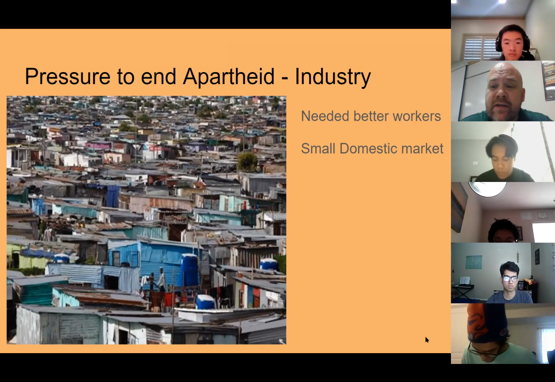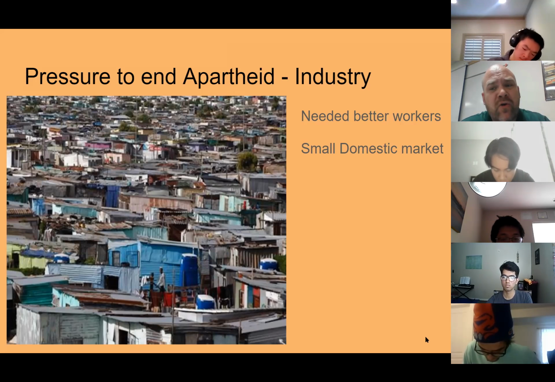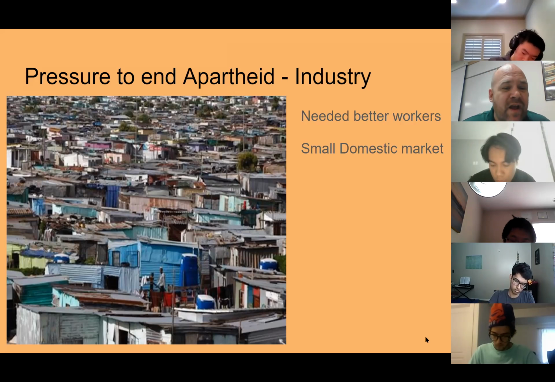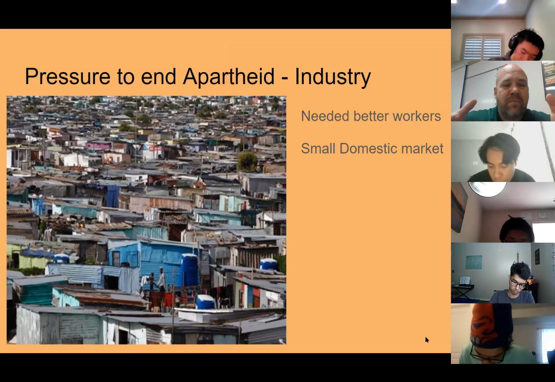The result is, and this is the third thing that changed, the mines now need better quality workers. They need workers who know how to read, and they need workers who know how to do math, right? Because it's not enough just to be a strong dude who can pick up rocks. That's not enough anymore.